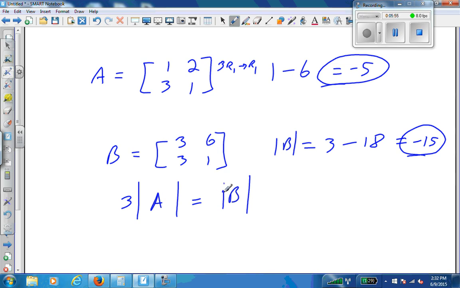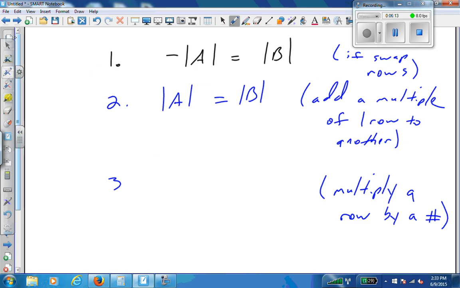What may be more useful to say is that our original determinant, which is often what we're looking for, is 1/3 our new determinant. So if we want to know what A is, let's say we multiply a row by, call it K. Then the determinant of A will be 1/K times our new determinant.